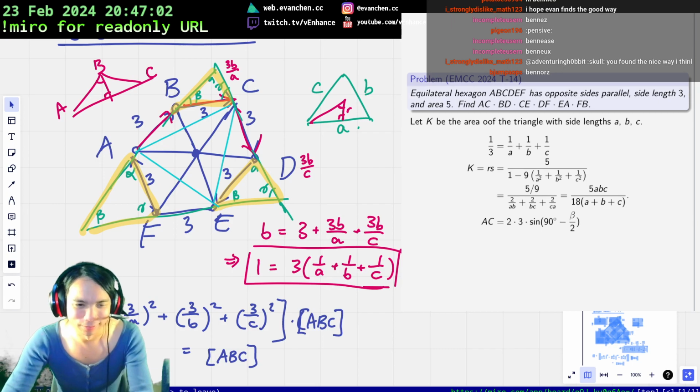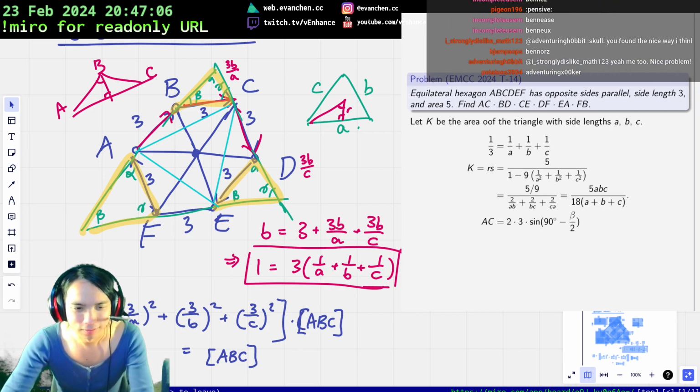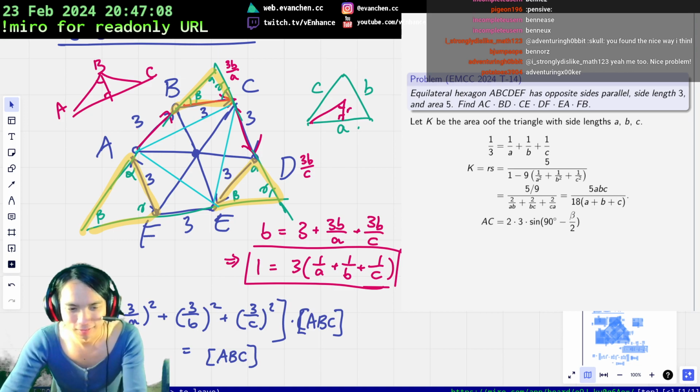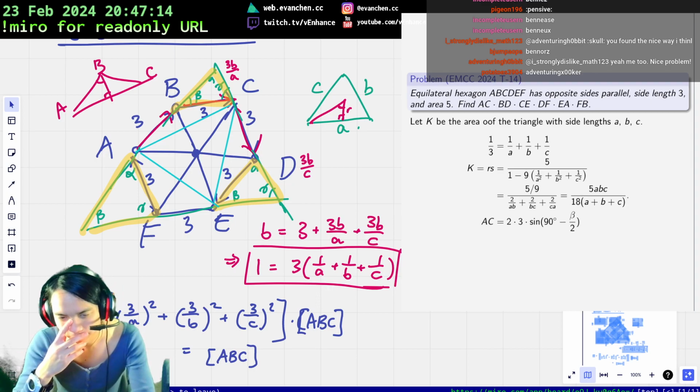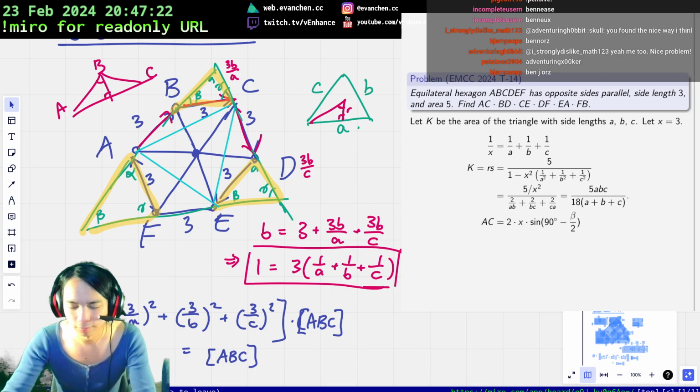I'm just gonna let x equals 3 so I can actually do dimensional analysis properly. Oh jeez, it's like 2x cos beta over 2.